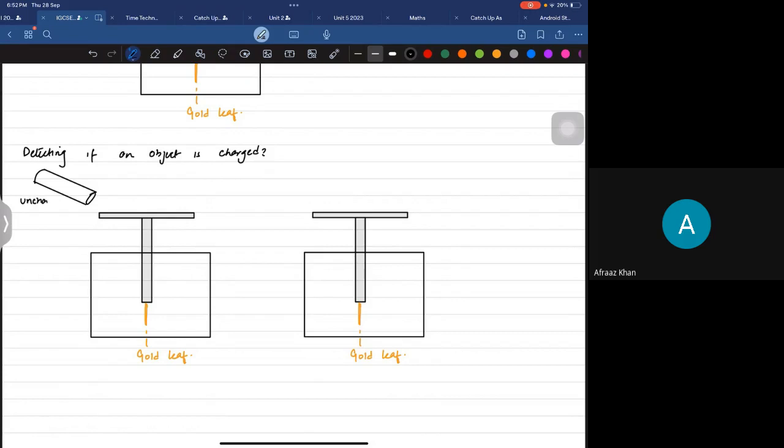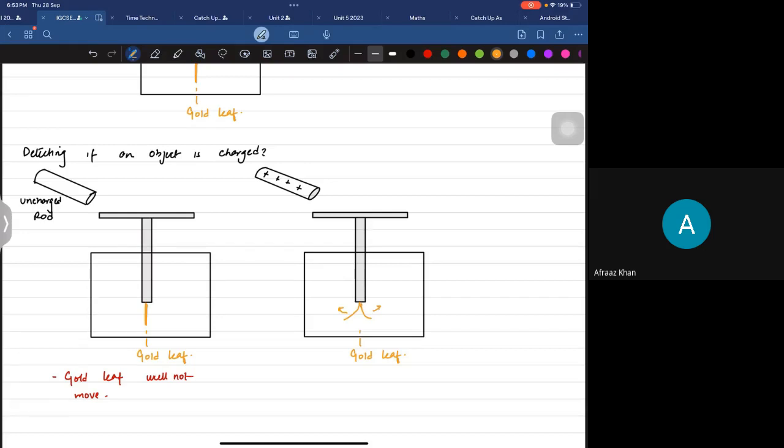So you have an uncharged rod. So the gold leaf will not move like that. Now, if you bring a charged rod of any sort, whether it's positive or negative, what you will see is that these gold leaves are gonna get deflected like this, and they will move like this.